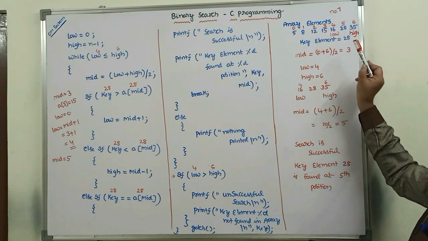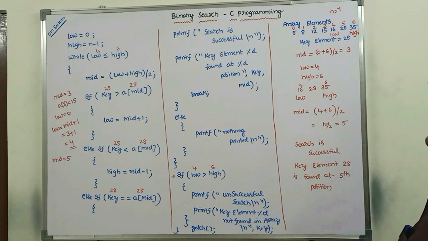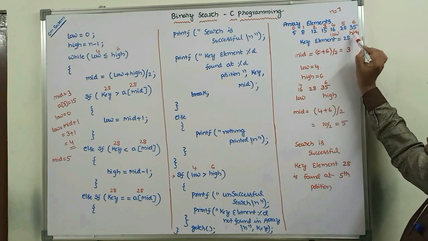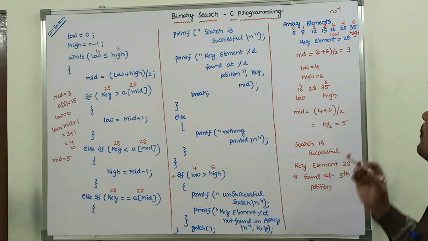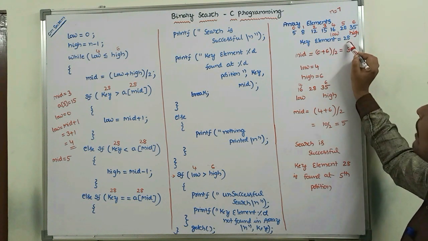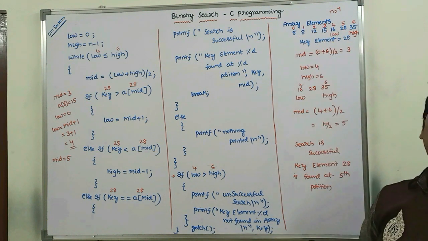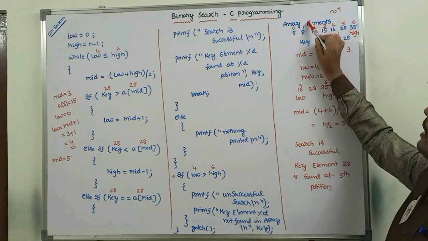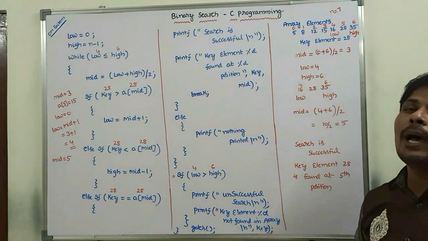Okay. Key element is compared with the mid value. If the key element is greater than the mid value, we take the right sub array by ignoring the left sub array. Suppose the key value is compared with the mid value and is less than the mid value, we consider the left sub array and ignore the right sub array.